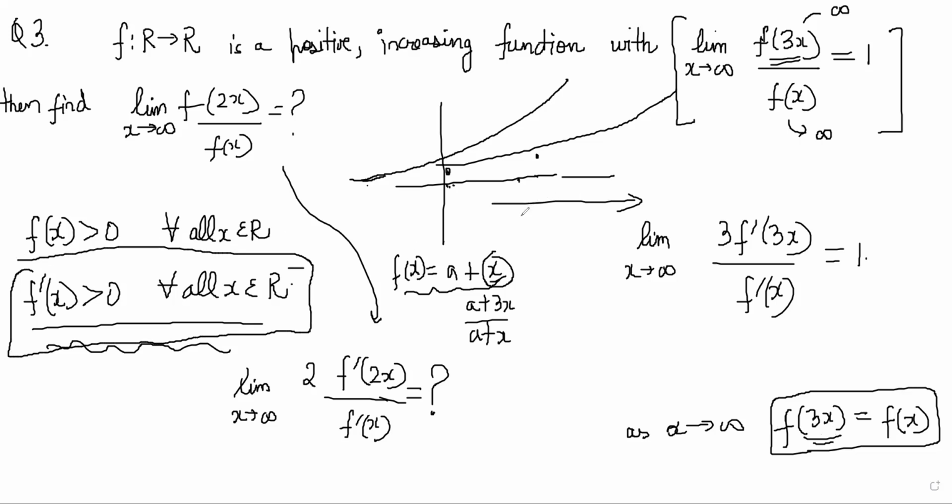So we have 3 f dash 3x equal to f dash x as x tends to infinity.